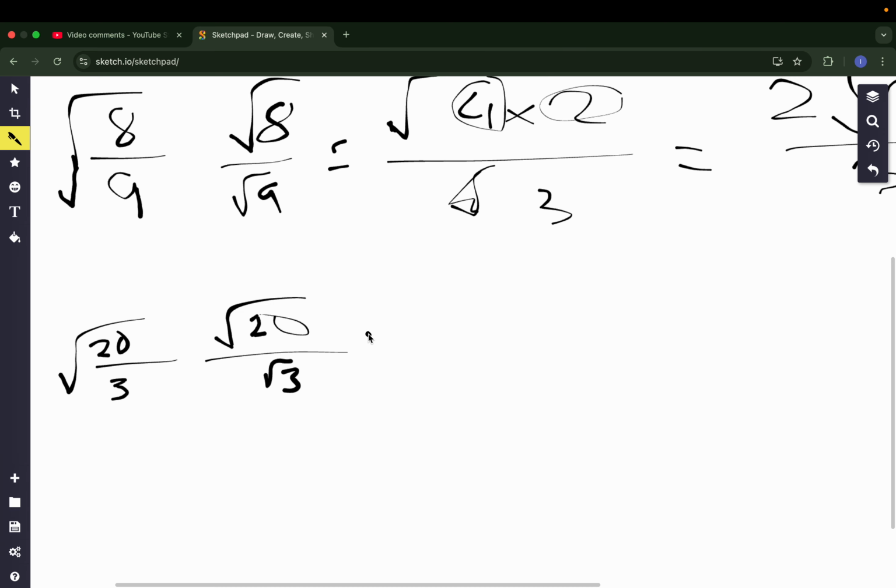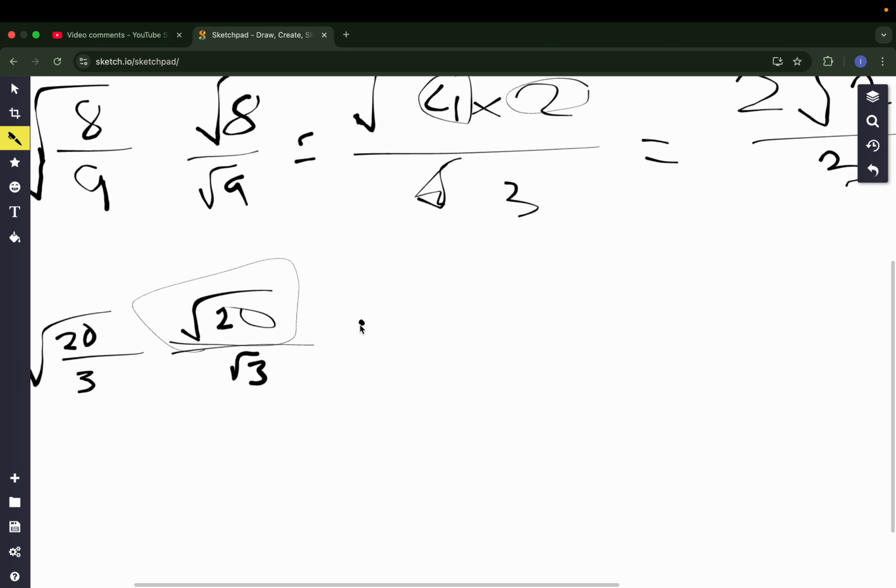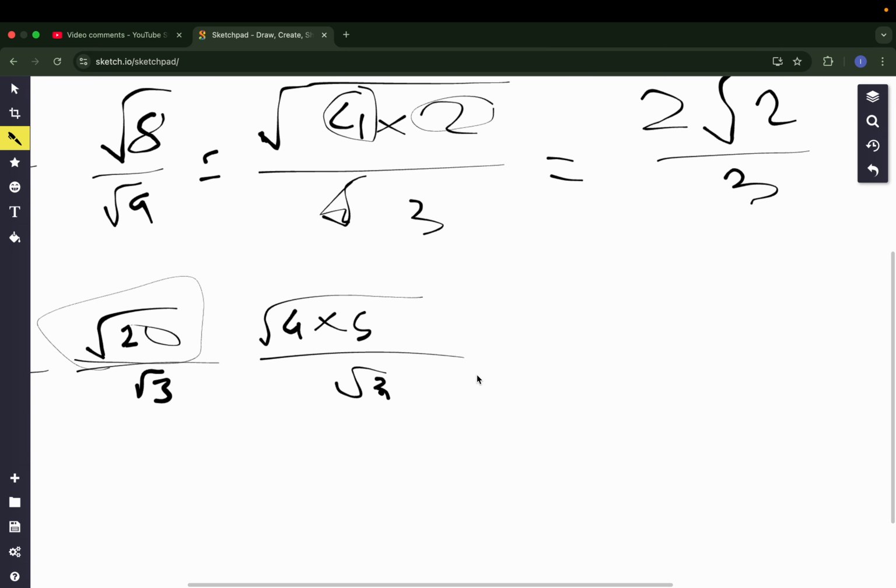So first of all, we would simplify what we can, which is up here. Some factors that have a square number is 4 times 5, because there's a 4 over the square root of 3.